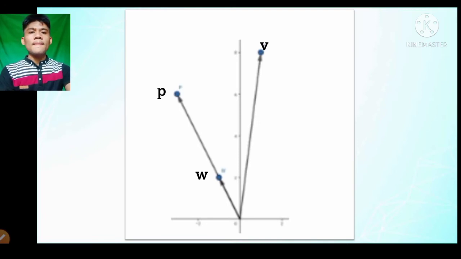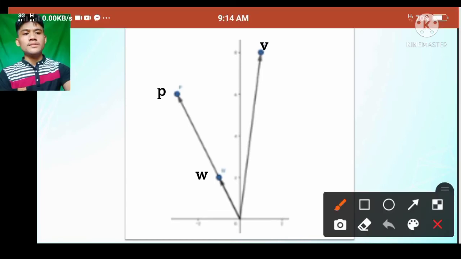The projection of V to W is much longer than the usual line of W from the center. So this is the projection, it looks like this from here to here.